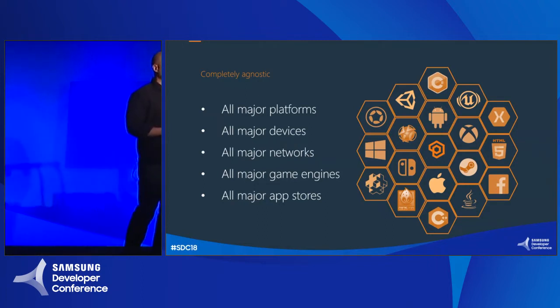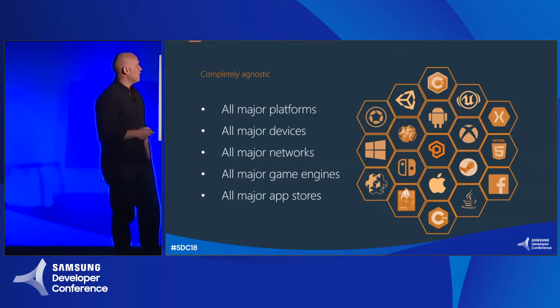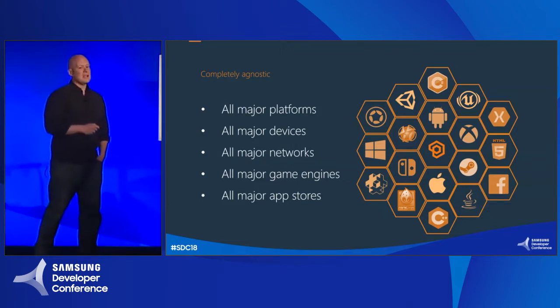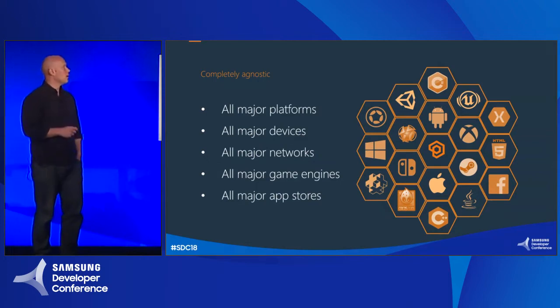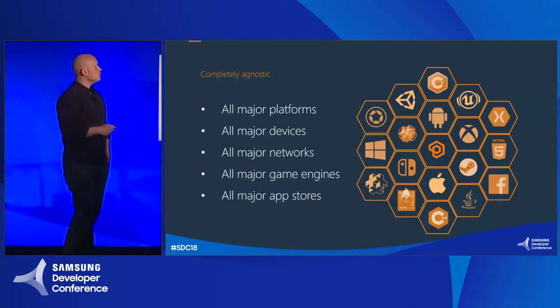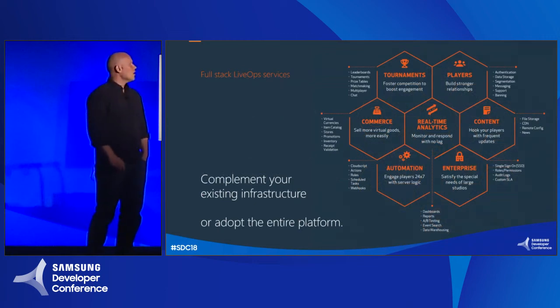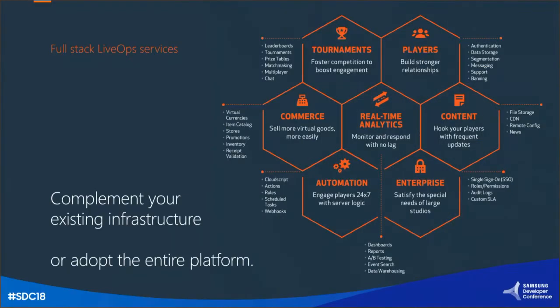What you can play on one type of device, you can play on a different type of device. So this is one of the key things we provide: continuing to support any major platform, device, or network that's out there. The other thing we do is enable you to either complement your existing infrastructure or adopt our entire platform.